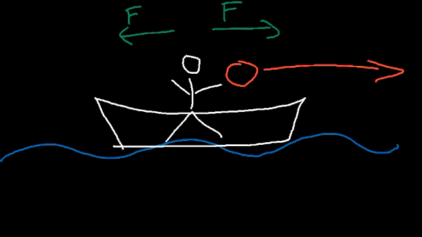Now, because the combined mass of you and the boat is so much larger than the ball, you won't feel the acceleration as much. You might move a little, but the distance that the boat moves towards the left is insignificant compared to the ball's distance towards the right, but it does move. According to Newton's third law, for every action force, there is an equal and opposite reaction force.